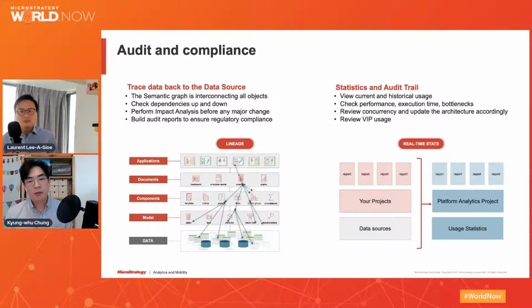And that is what we call telemetry information. So we collect all the usage telemetry information back into Semantic Graph, and we can use that to further optimize the platform usage and the usage of the content itself. We can even use that information to create the audit trail to understand who used which part of the data. So that's something we have in Semantic Graph.